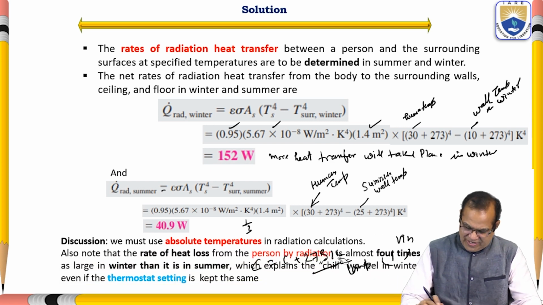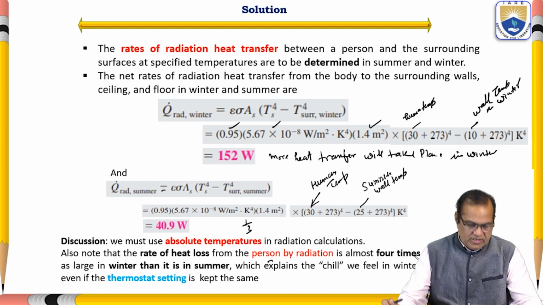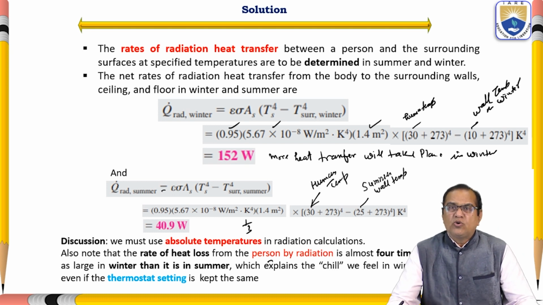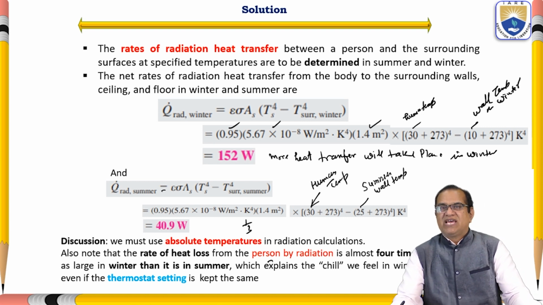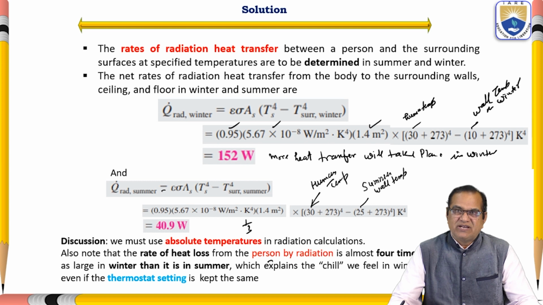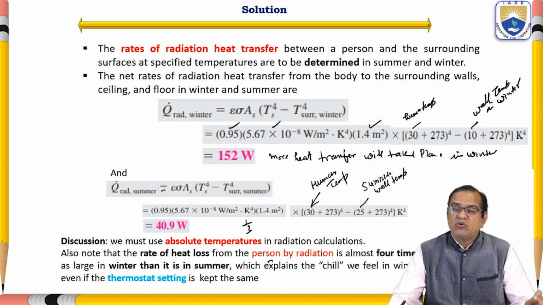So we can see here, also note that the rate of heat loss from the person by radiation is almost 4 times as large in winter than it is in summer, which explains the chill we feel in winter even if the thermostat setting is kept the same.